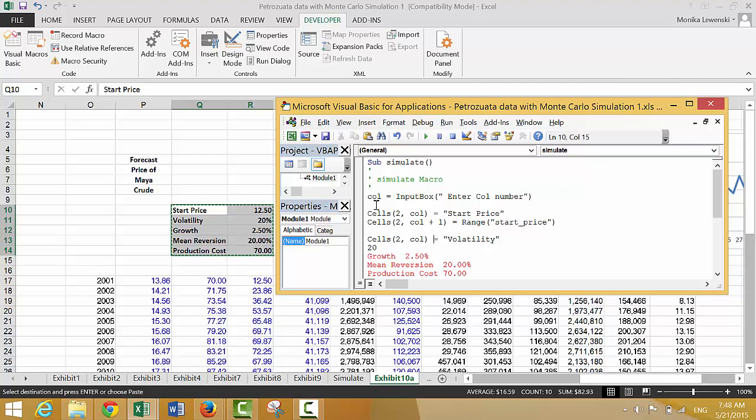This is just putting the titles on the top. Cells 3, this should be 3. Okay, 3, col plus 1. You get the idea. Equals range volatility.